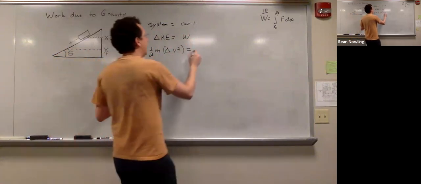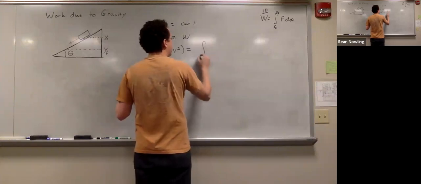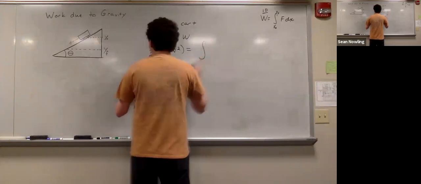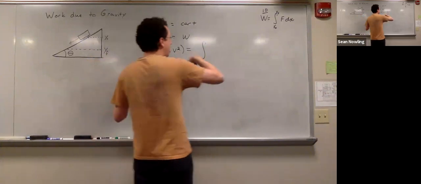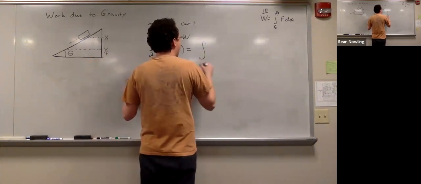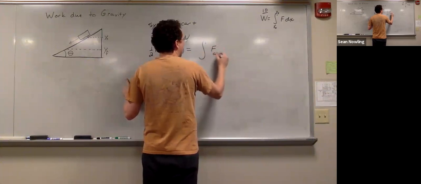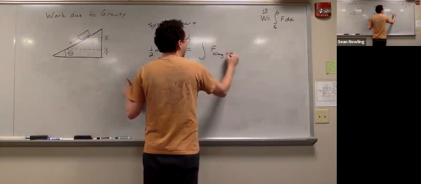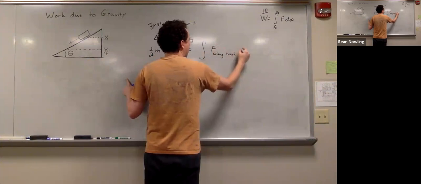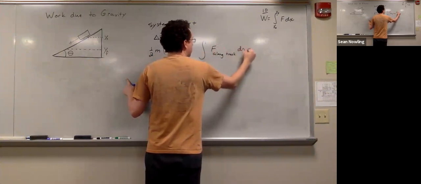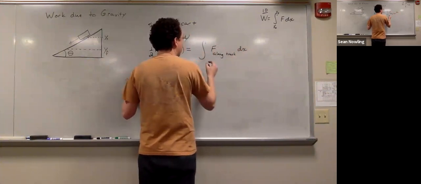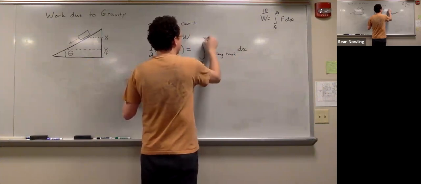So to do that, we have to integrate along the path, along the 1D motion along the track, the force along the track times the displacement along the track from x initial to x final.